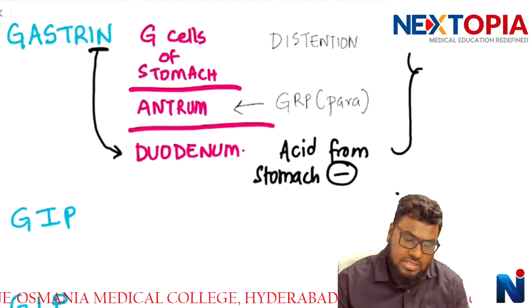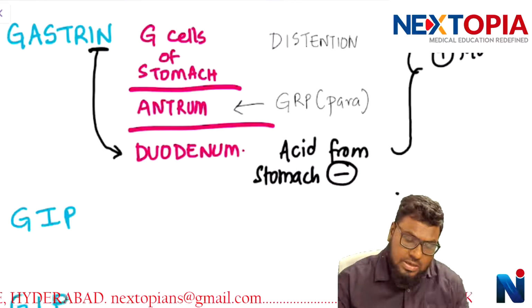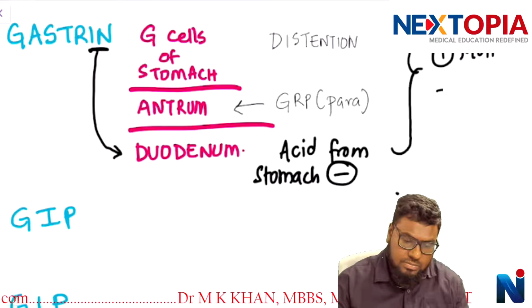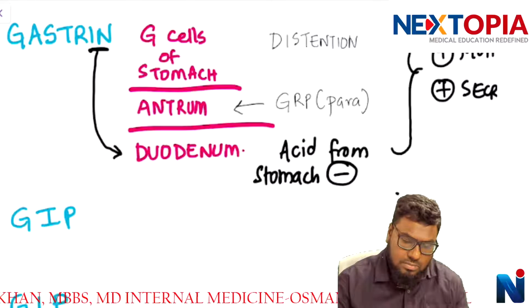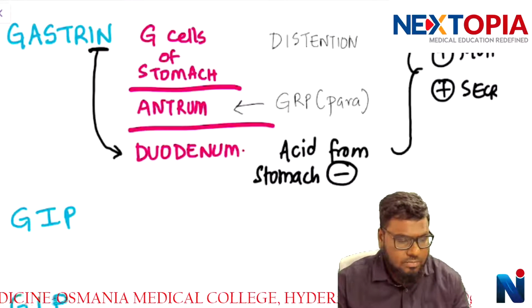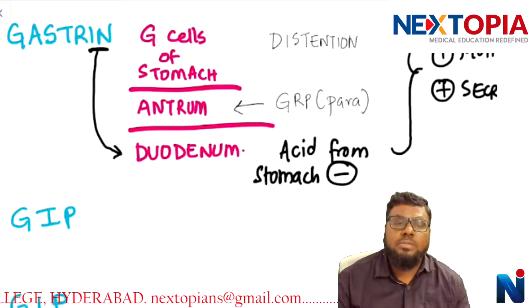Wherever the gastrin is released, its function is to increase the motility and secretion of the GI tract. All right.